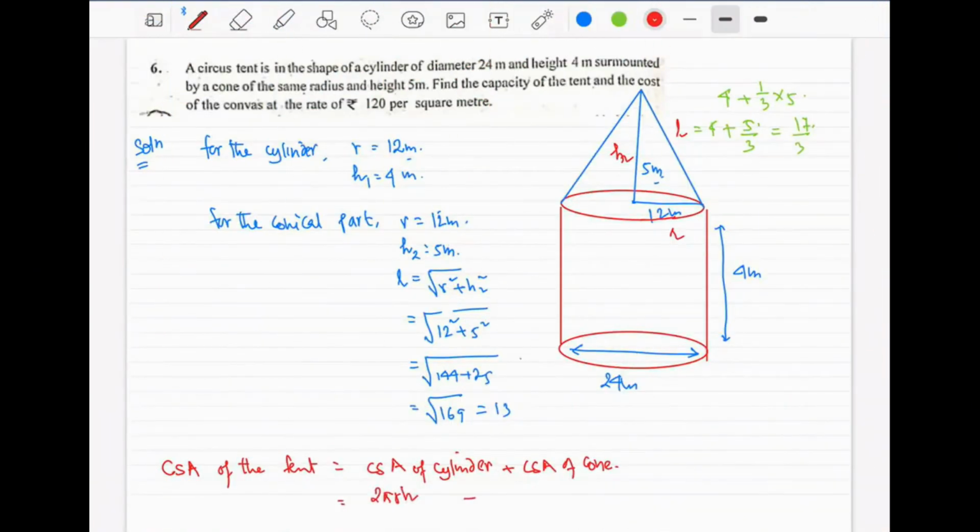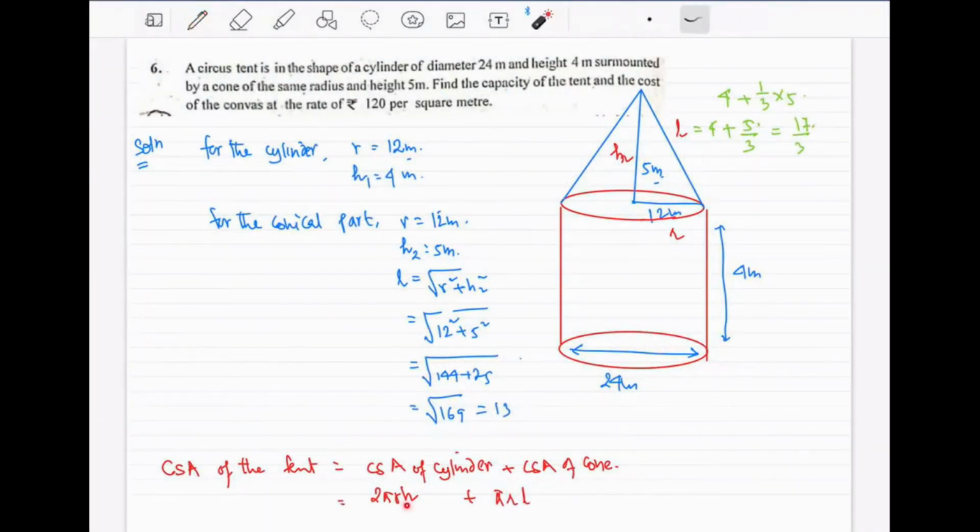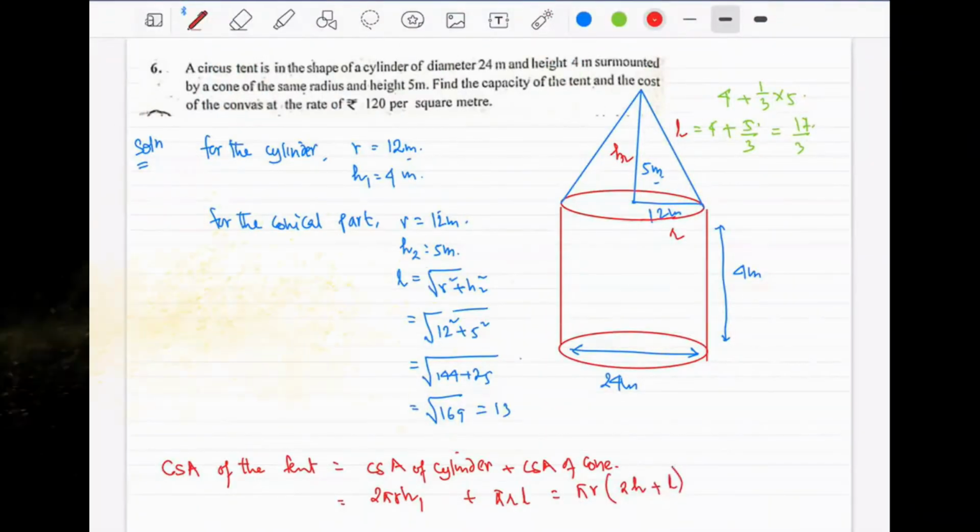What about the curved surface area of the cone? Pi RL. And you know that there is an H here. This H should be H1, the height of the cylinder, not that of the cone part. Okay, don't try to confuse there. H1. Now, whatever can be common factor, take it out. Pi R is common factor from both. So take it out. We have pi R inside bracket. What do we have? 2 H1 and L remaining.